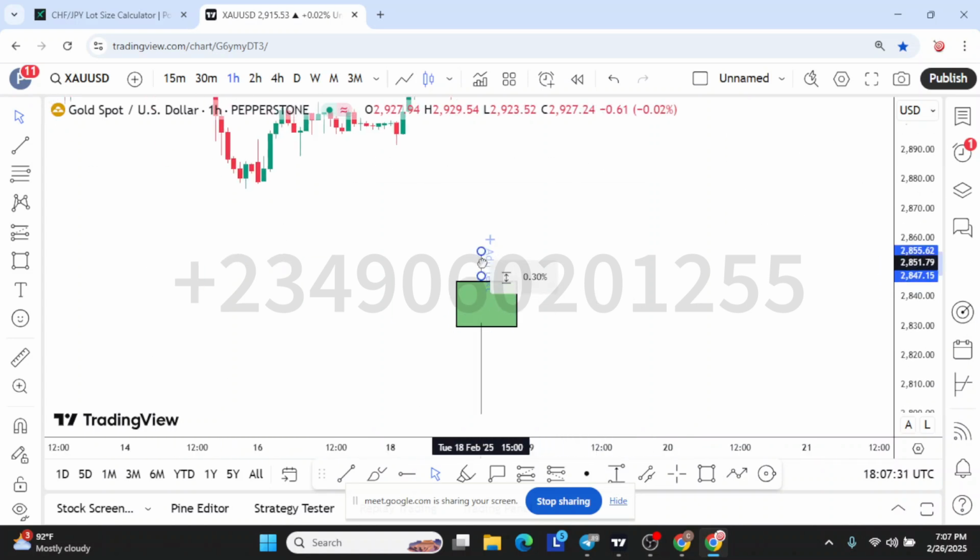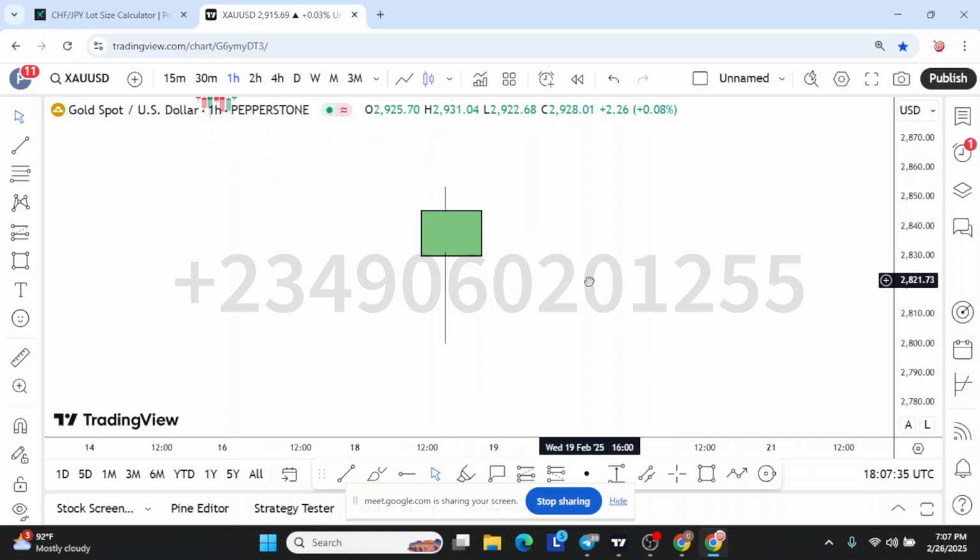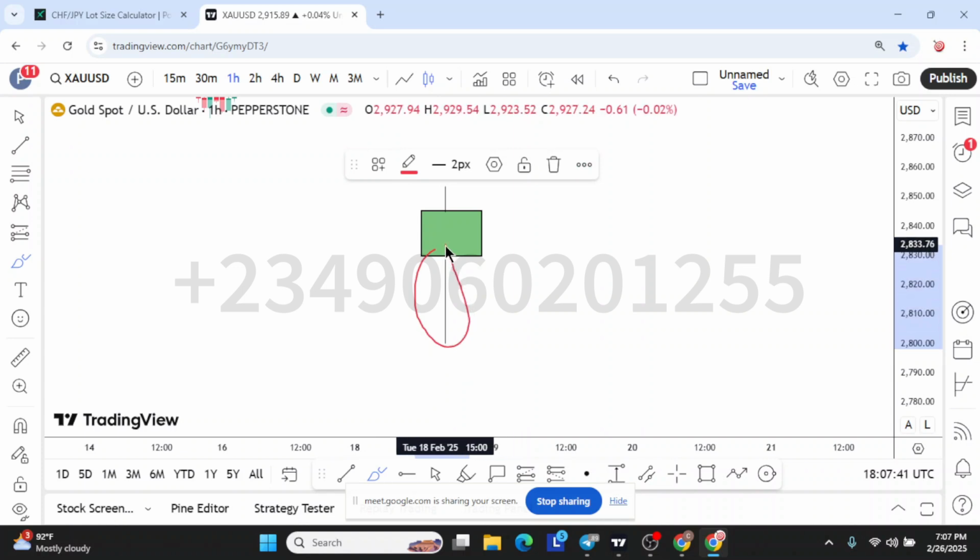So we have a candlestick whose body is not really big, it's not a full body, but it has long lower wicks. Long lower wicks, this has its own meaning.